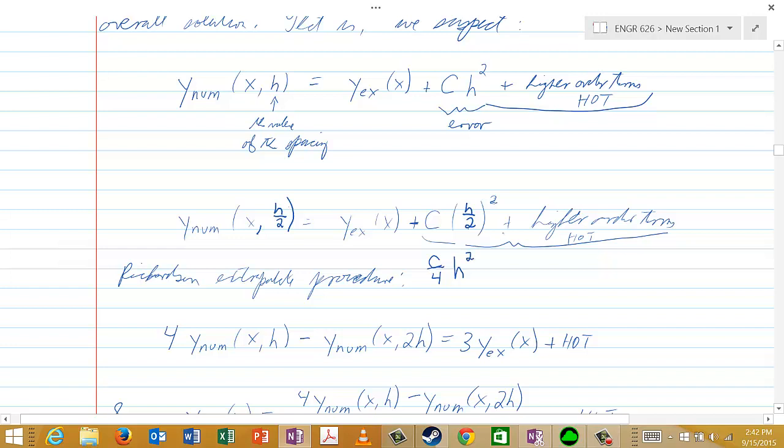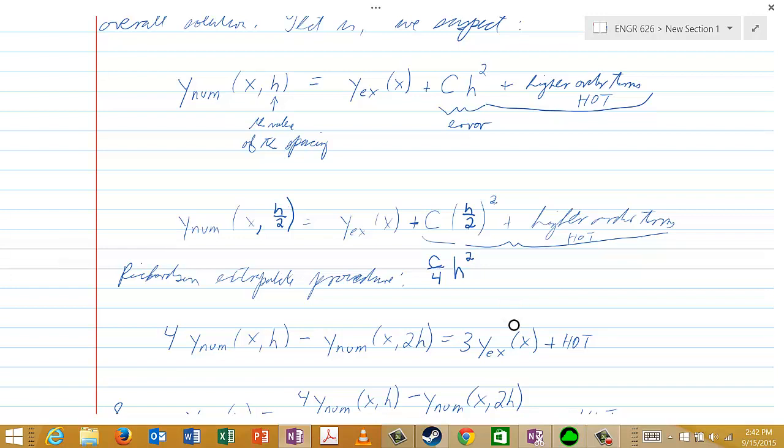Okay. Now the idea is that we want to add together a certain amount times this first equation plus a certain amount times the second equation, so that we cancel out that leading term in the error.